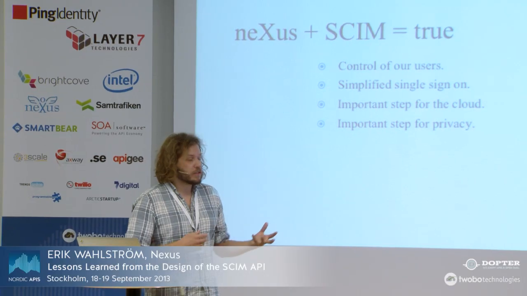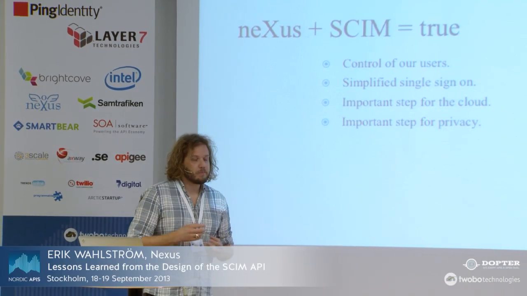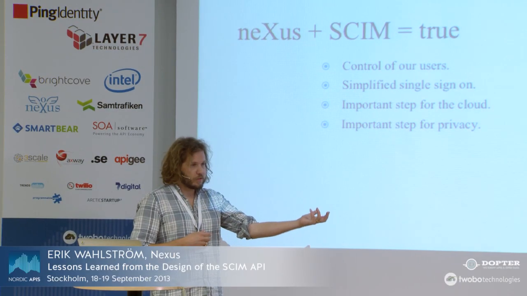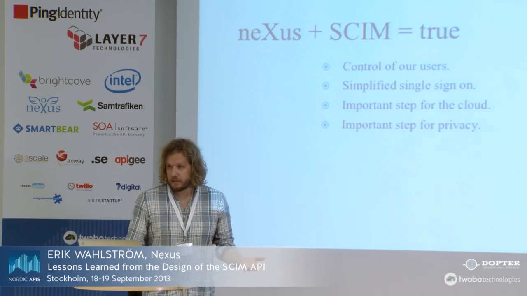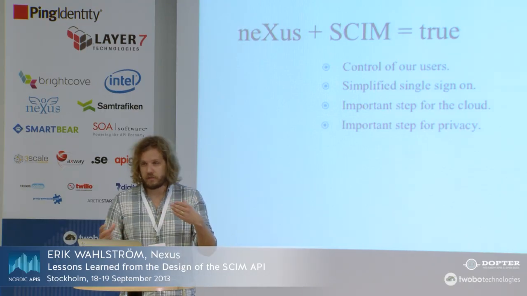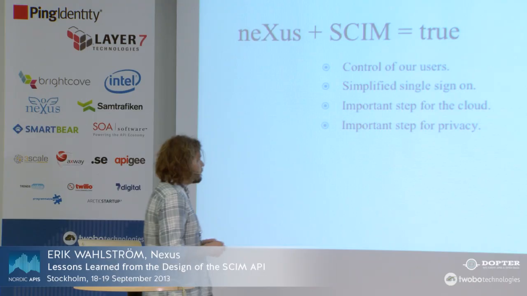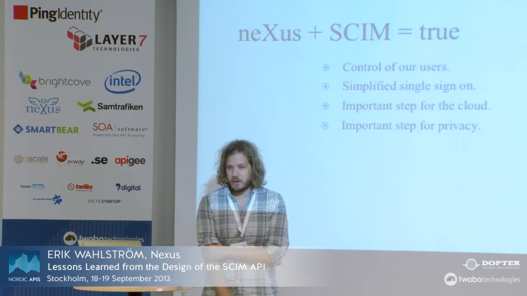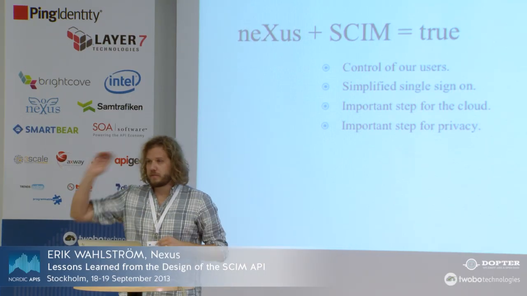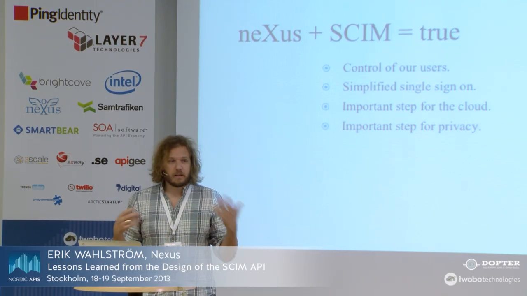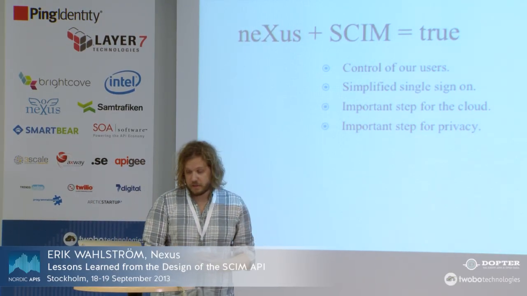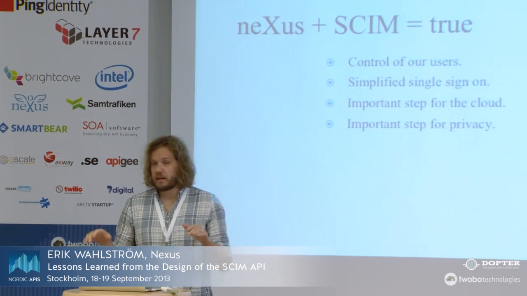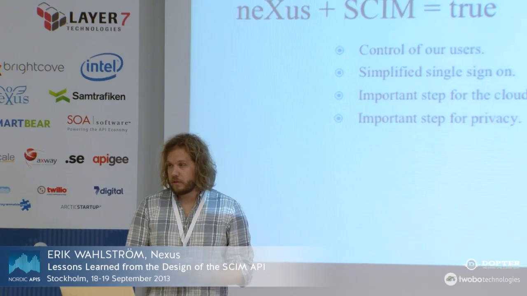And we also do single sign-on, and it's an important step that before you enter a new system, you should be automatically created. You shouldn't have to register everywhere. So SCIM solves that. And it's also really exciting for me because it's an important step for the cloud, I think. Moving between different systems and taking back control of your identity is an important part in building the identity layer of the internet.